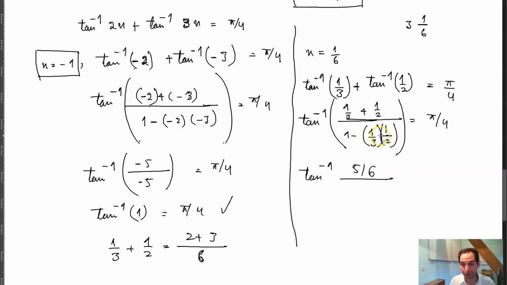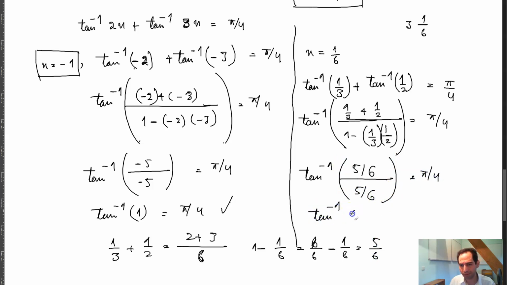And over here you have 1 minus 1/6, which is equal to 6/6 minus 1/6, which is equal to 5/6. And that is equal to pi by 4. And then tan inverse of 1 is equal to pi by 4, which is true.